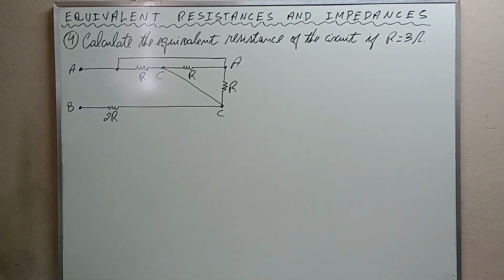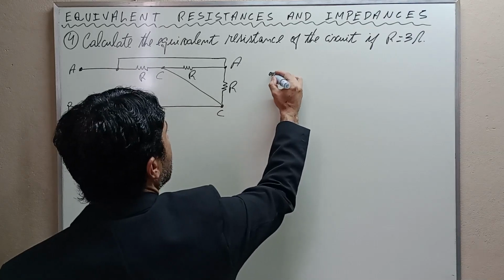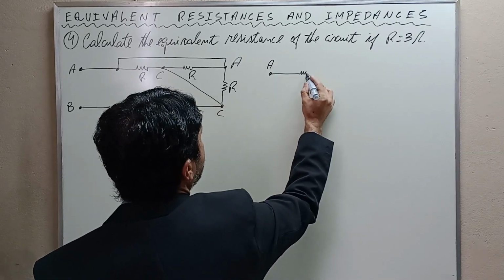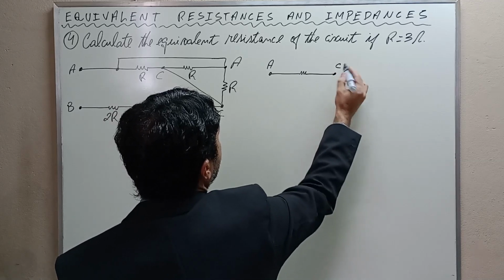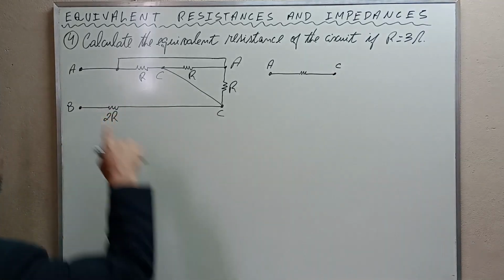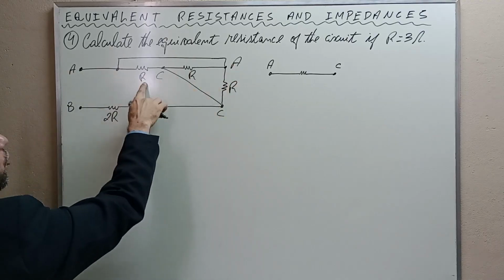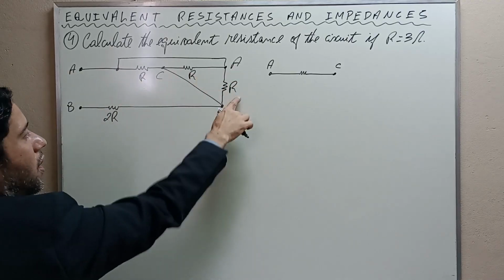In this way, for better visualization, we can remodel the circuit as follows. A, resistor, and C. But see that from A to C there are 3 resistors R, okay?